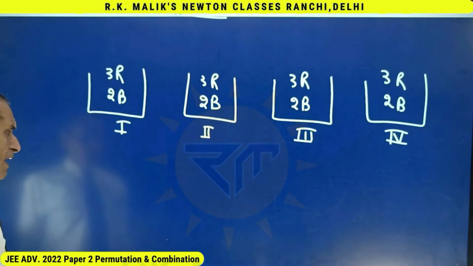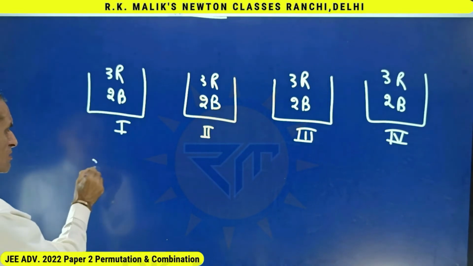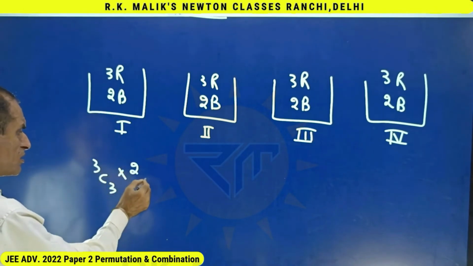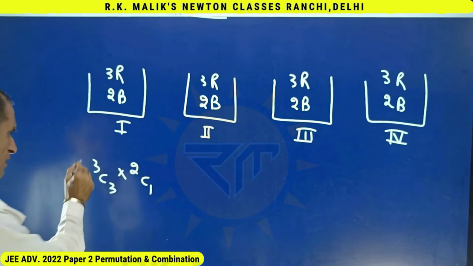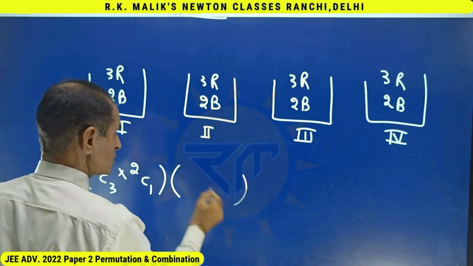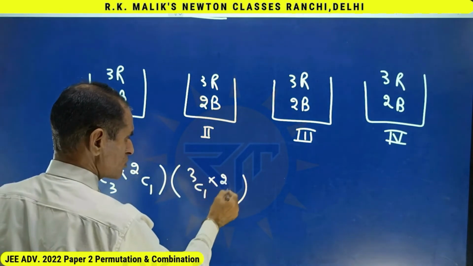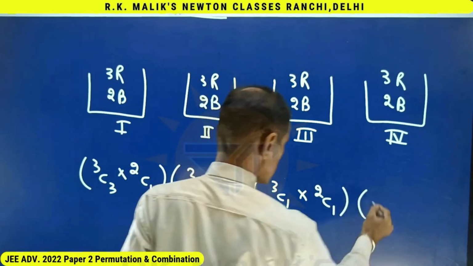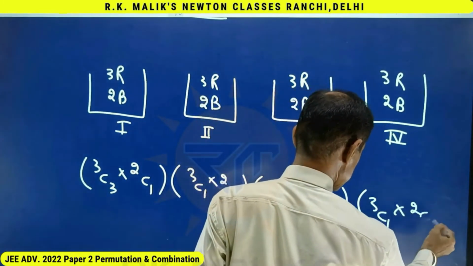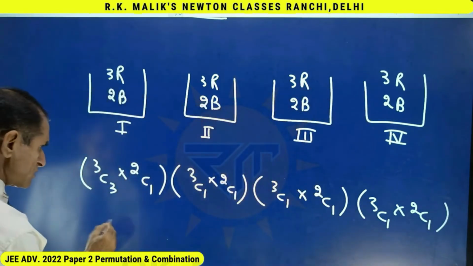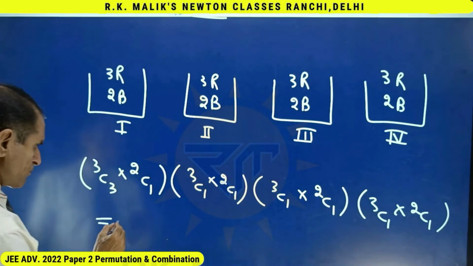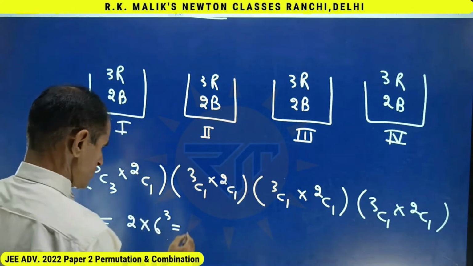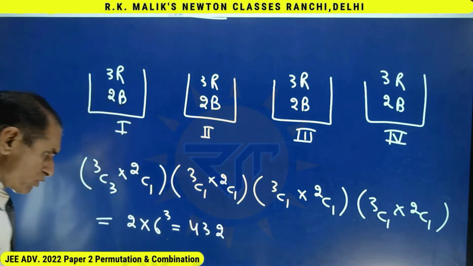If first box gives 3 red balls, that can happen in 3C3, and 1 blue ball means 2C1, and for other boxes 3C1 into 2C1, 3C1 into 2C1, 3C1 into 2C1, that is we will be getting 2 into 6 cube, that is 432.